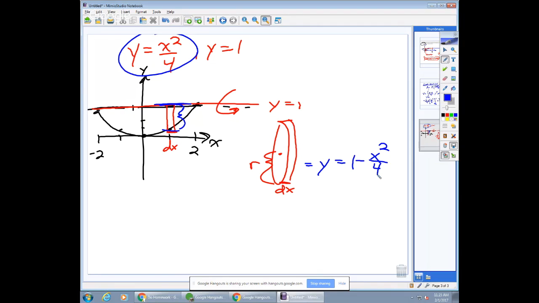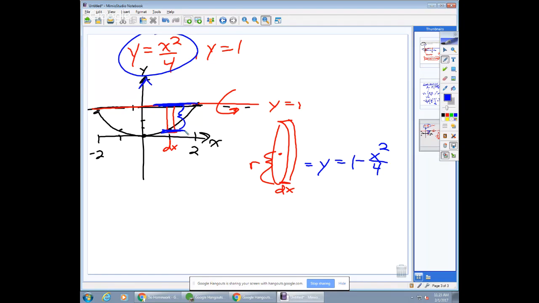Because I need to find what is the distance from here to there. And whenever we find distance, we take the larger number minus the smaller number. Since y is going in that direction, 1 is the larger number, and the function value is the smaller number, right? So it's got to be 1 minus the function value.